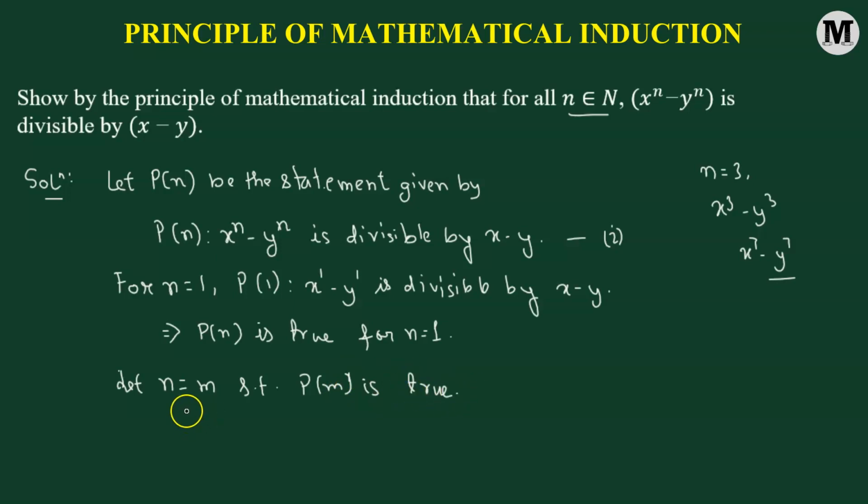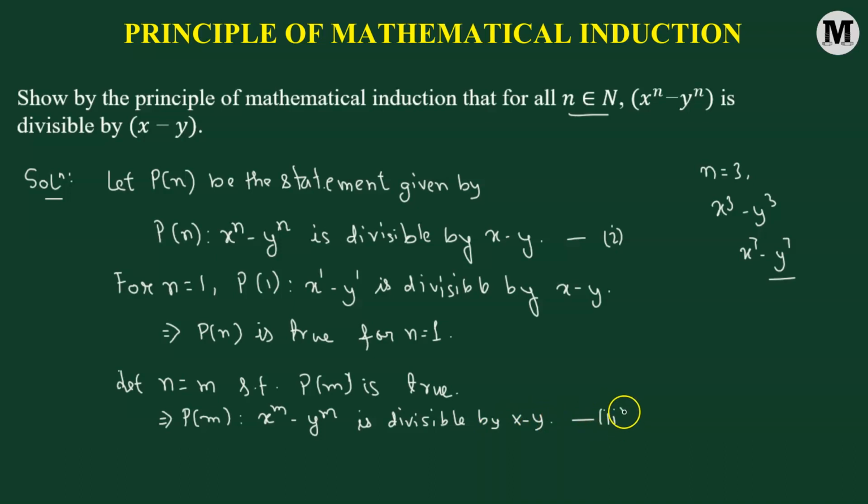Now, if this statement is true, this simply means that p of m is x raised to the power of m minus y raised to the power of m, and this expression is divisible by x minus y.